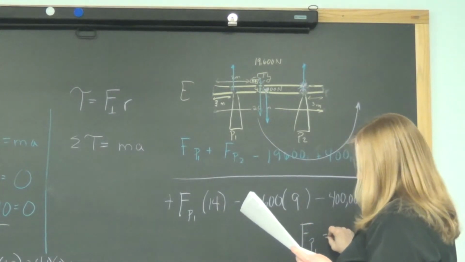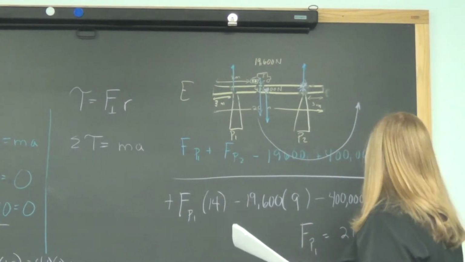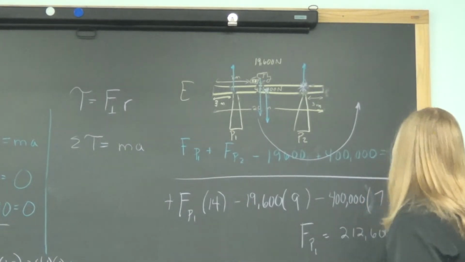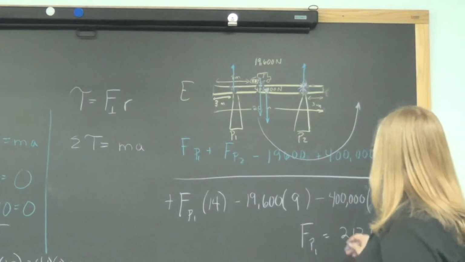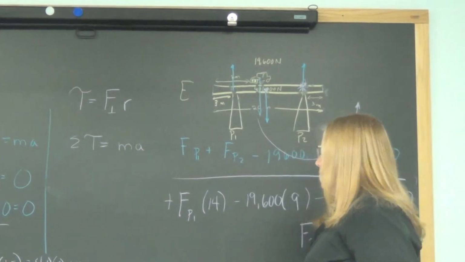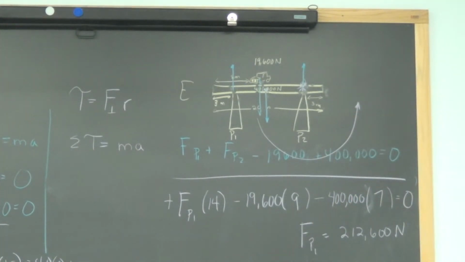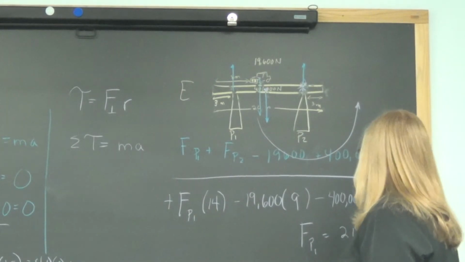And when I did that, I got 202,600 newtons. Yep. And where do we go? Where in the world do we go, Emily? To find force of pillar 2, the equation from earlier.